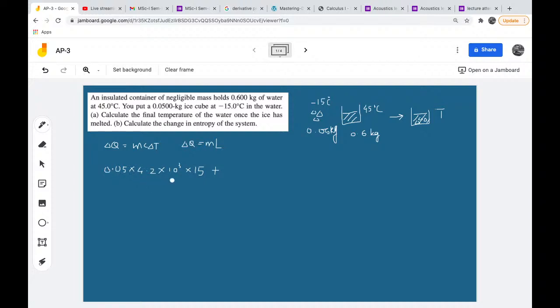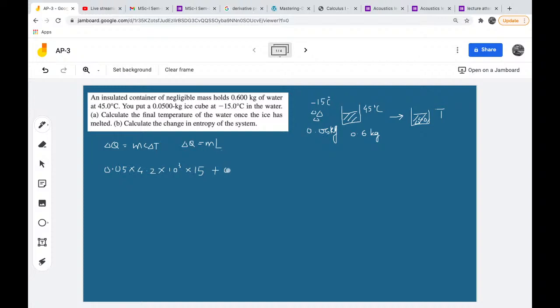So this is the amount of heat that the ice will take to raise its temperature from minus 15 to 0. Now it will melt at 0. So for melting it will absorb this much amount of heat.